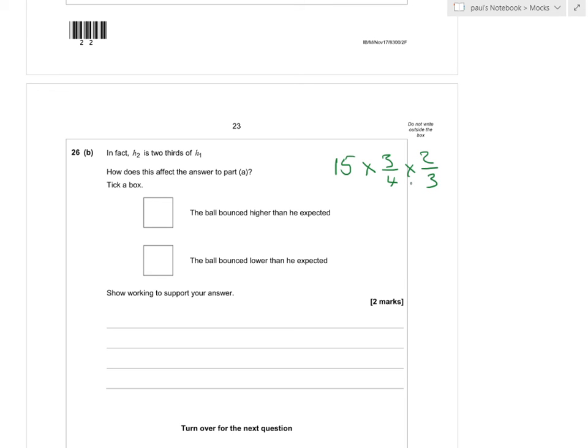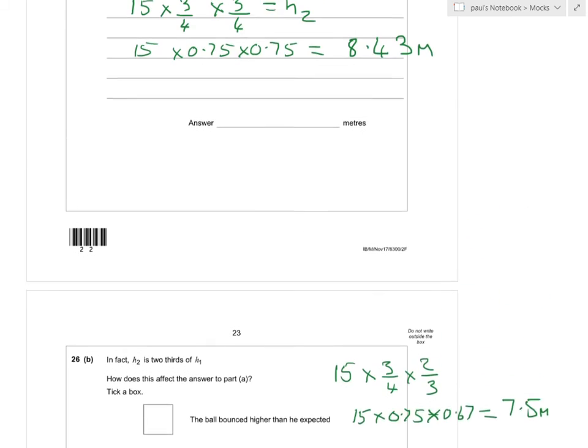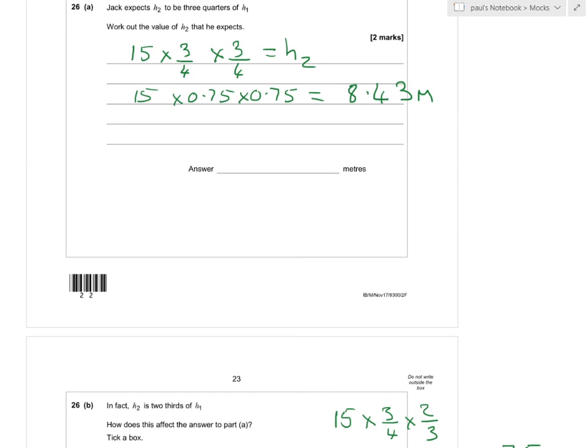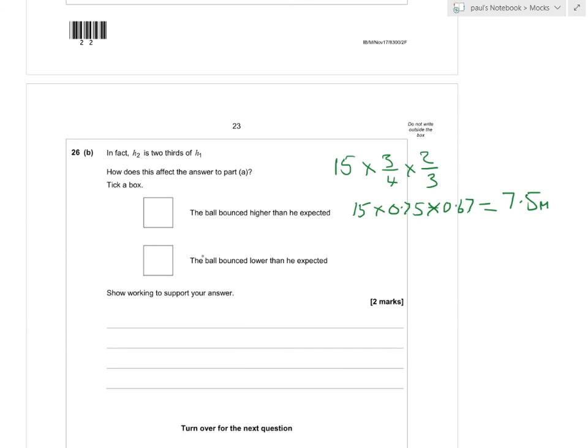So 15 times 0.75 times 0.67 equals 7.5 meters. So what happened when it was only 2/3? It was less, wasn't it? How does this affect the ball bounced lower?